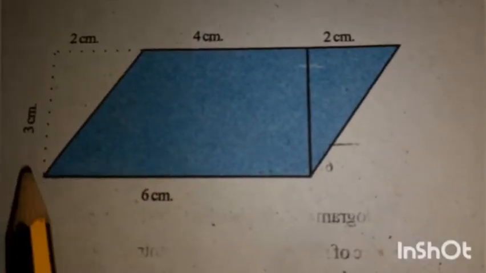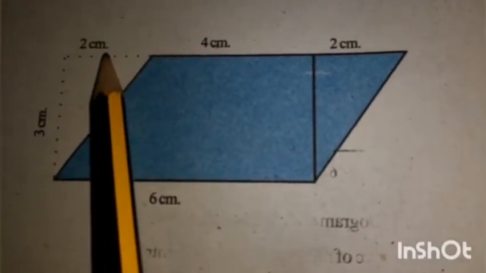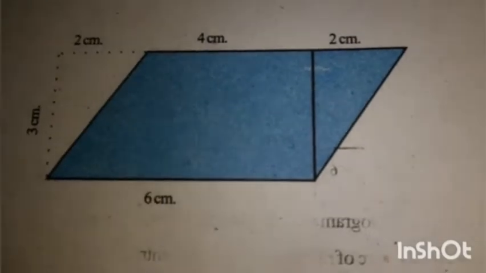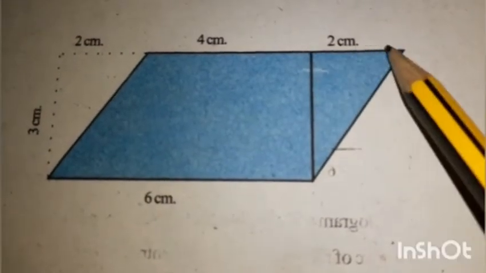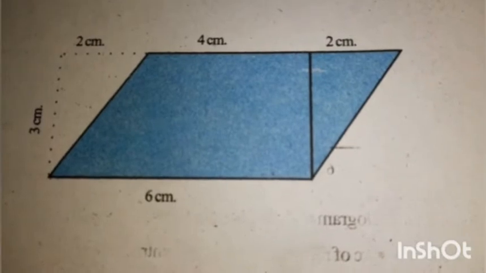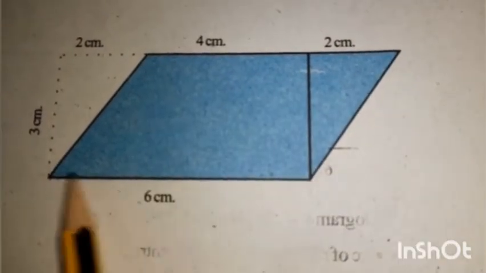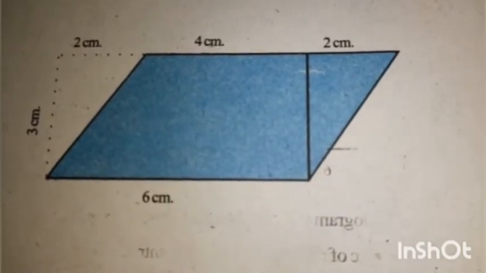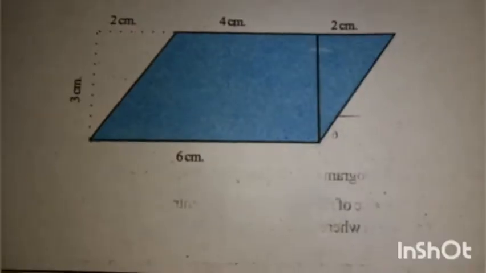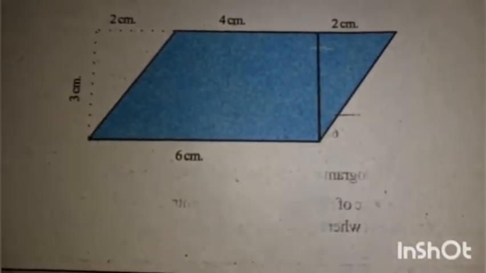You can see there, that 3 centimeter height and 2 centimeter base triangle that you cut off, you are attaching on the other side of the rectangle. So what is the shape we are getting now? That is a parallelogram.